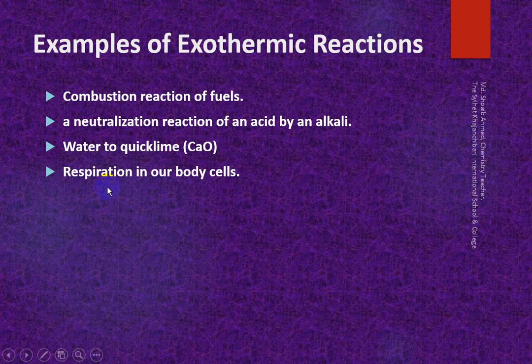This is the respiration reaction, and it occurs in our body. As a result, heat is released. This heat is used for our body temperature and also to facilitate some reactions, and for the movement of the body. So the respiration reaction in our body is an exothermic reaction.